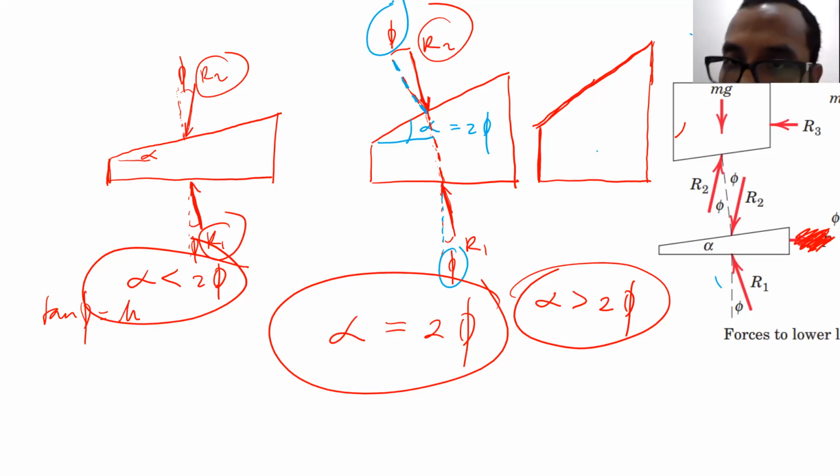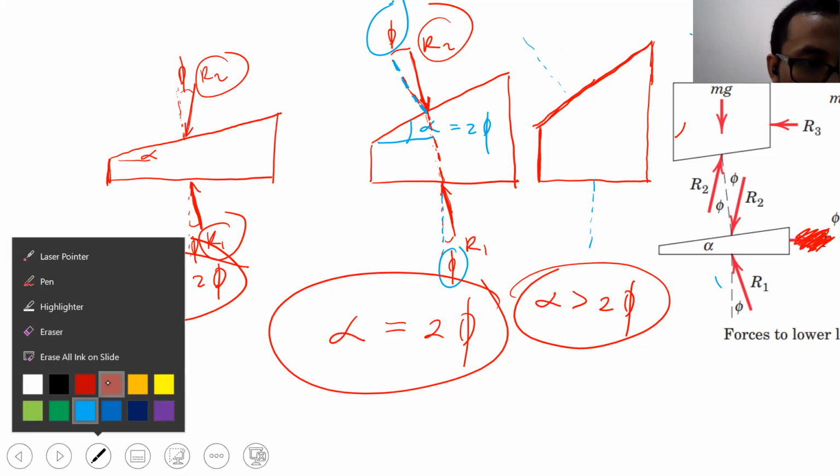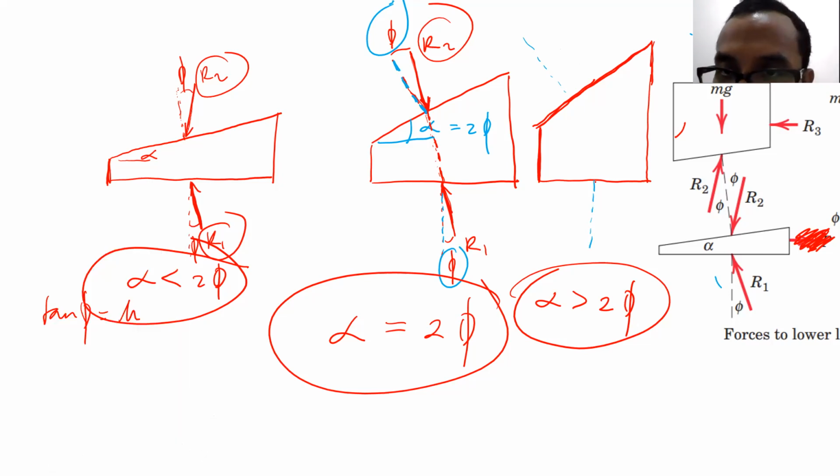This is the normal one, and this is the normal one. If we draw for R1, this is R1. If we draw for R2, this is R2.